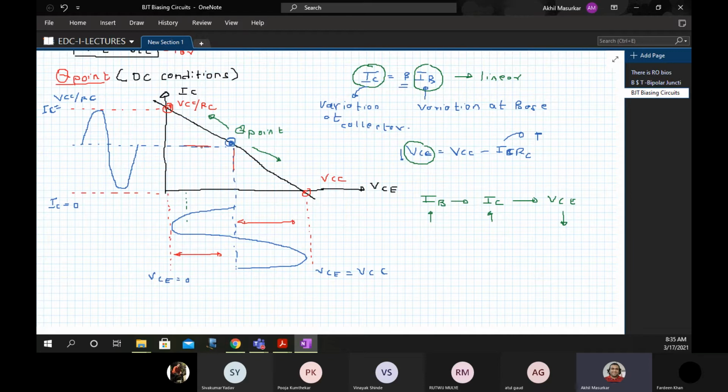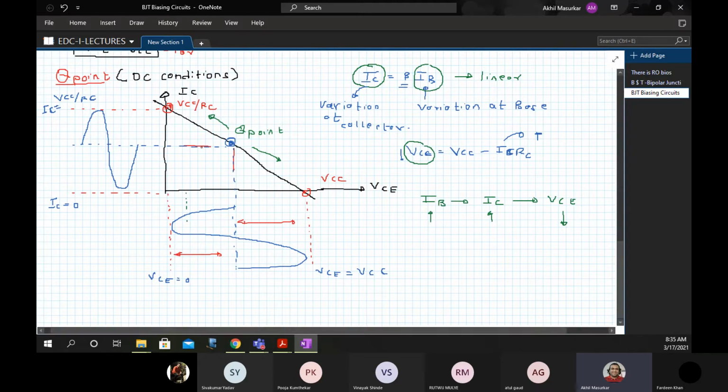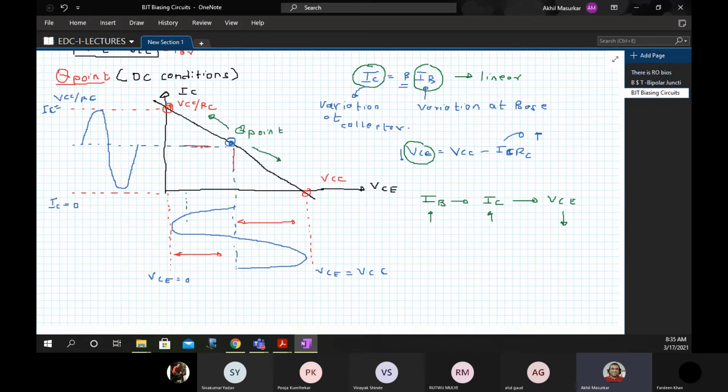Asymmetrical VCE swing, if any, that means if the Q point moves toward the left or right, so we will get some asymmetrical swing, is unsuitable and leads to clipping.